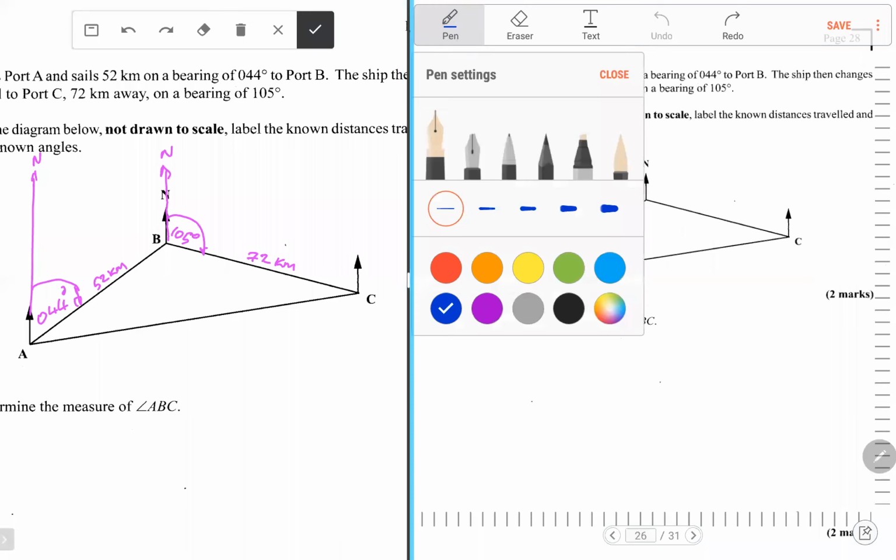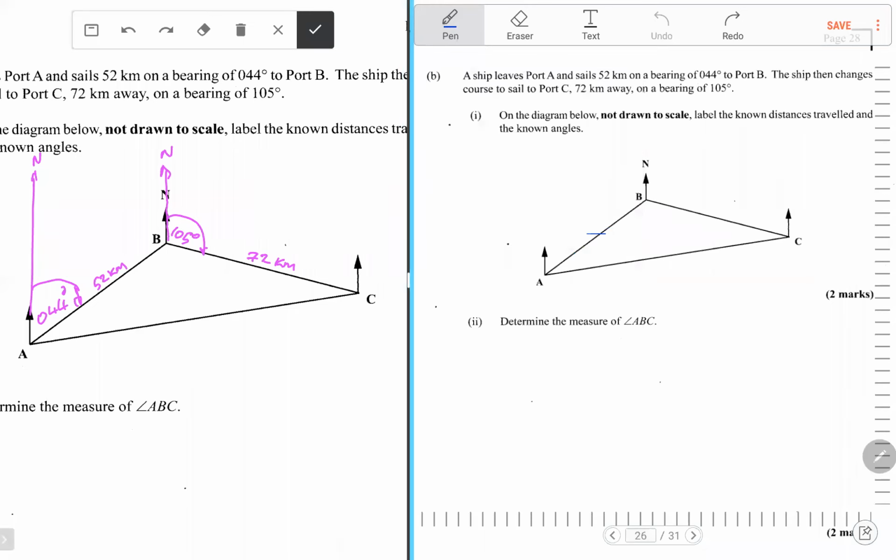Let's put them on over here in blue. So this will be 52 kilometers. This will be 72 kilometers. This angle is 105 degrees. And this angle, extend this line a bit, this angle is 44 degrees.